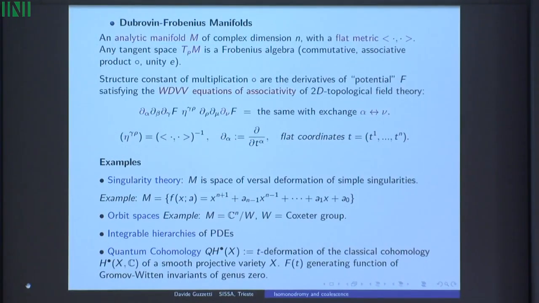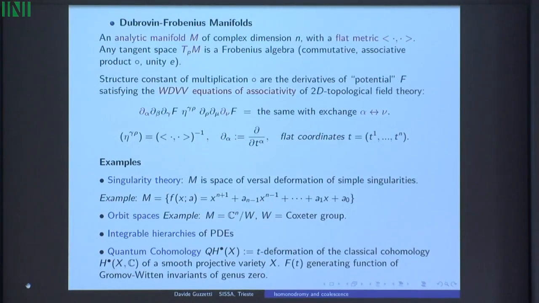The condition of associativity of this multiplication, together with the fact that the metric on the manifold is flat, allows you to express the structure constants of multiplication as third derivatives of a function F. This is exactly the condition that the algebra is associative, and this condition is called the WDVV equations. I'm not going to talk today about Frobenius manifolds, but this is just to give a motivation.